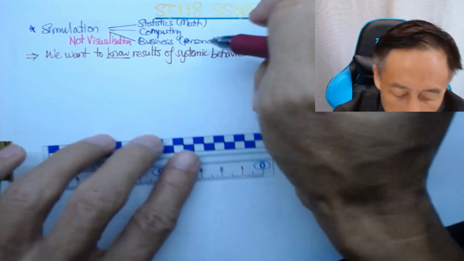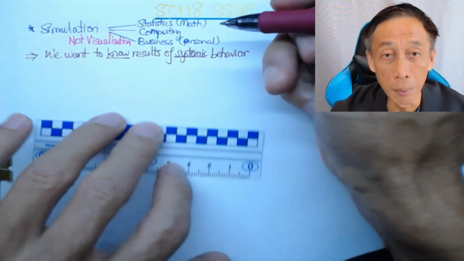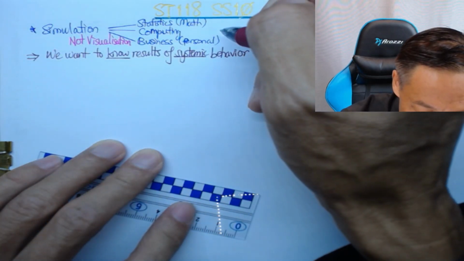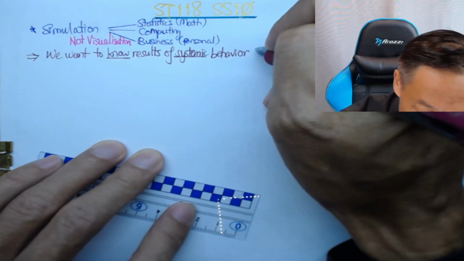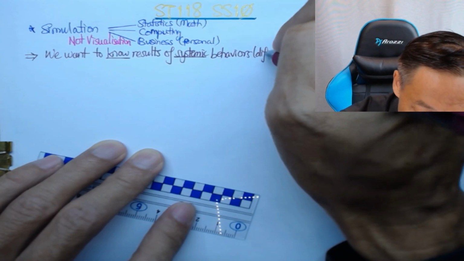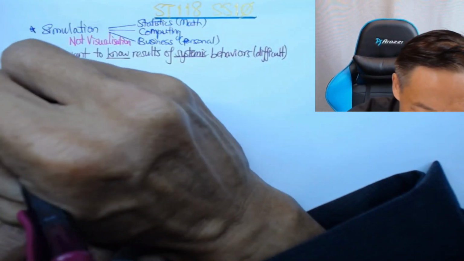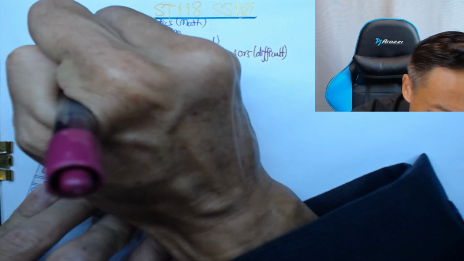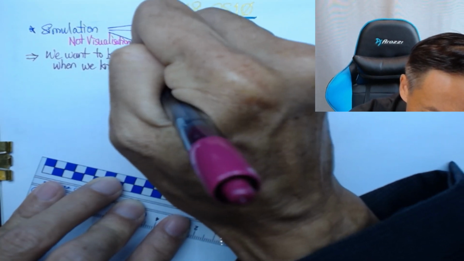Systemic behavior means it's an integrated system made up of components. And oftentimes this is difficult, right? So difficult behavior, but difficult to achieve, when we know component behaviors very well.